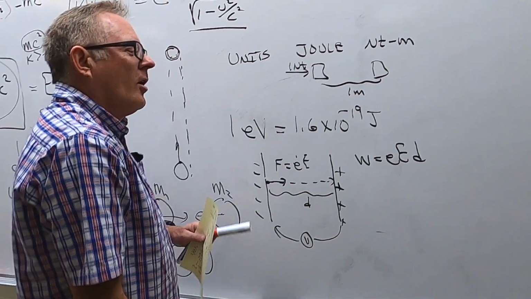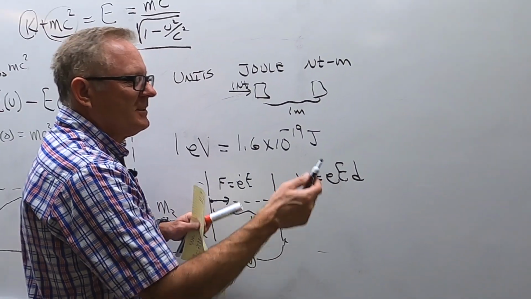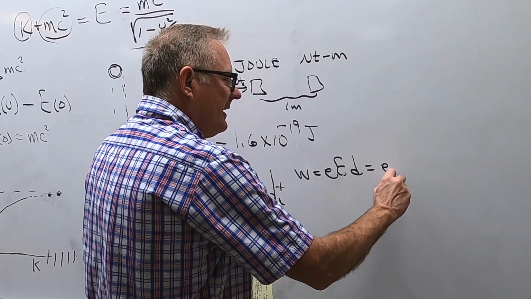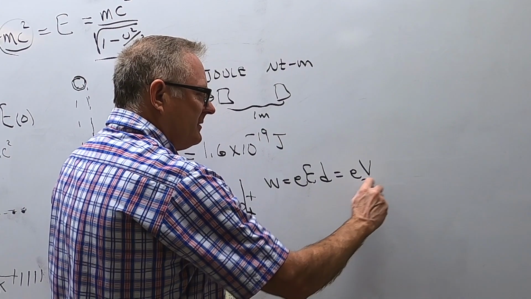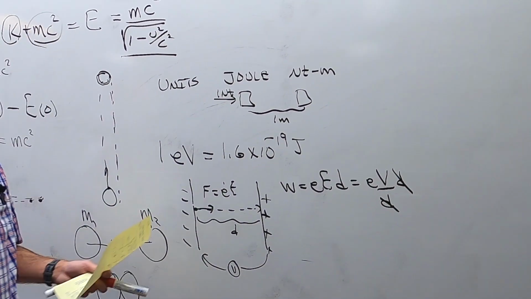But if we wanted to turn our electric field, if you remember, the electric field is the voltage divided by d for a parallel plate. So it's voltage divided by d, times d. The two d's drop out and you get eV.